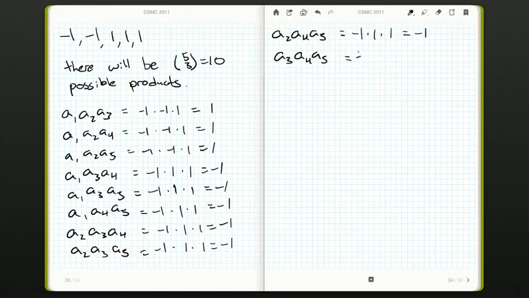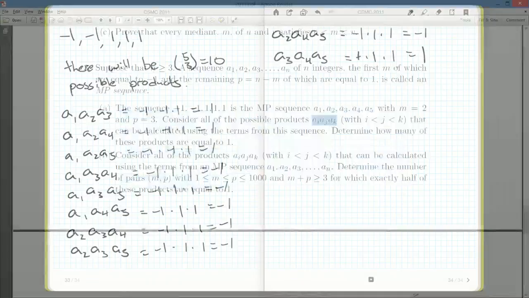And then finally, we're just going to have a 1 times 1 times 1. That's equal to 1. Now, what exactly were we asked for?